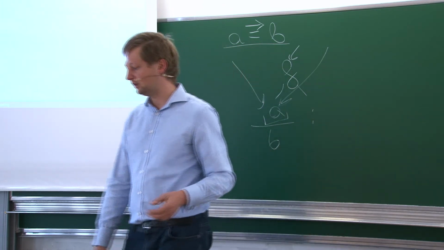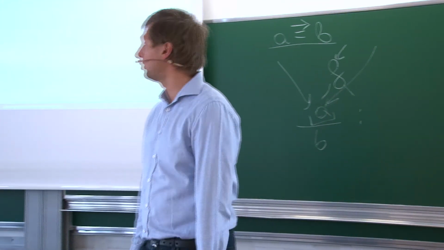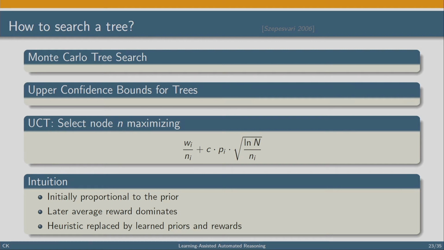And it comes out that when you are exploring a tree, there's a variant of this that is the best one, namely Monte Carlo tree search with upper confidence bounds, where one would look at the average number of wins for the node, so the sum of the wins divided by the number of games that we played. This is what we want in the long run.